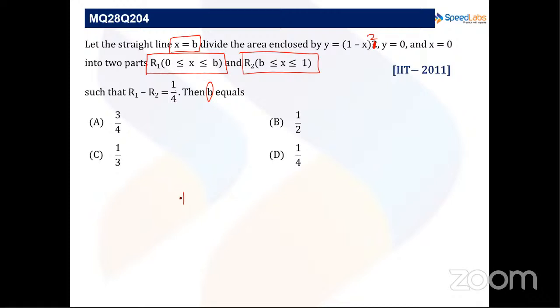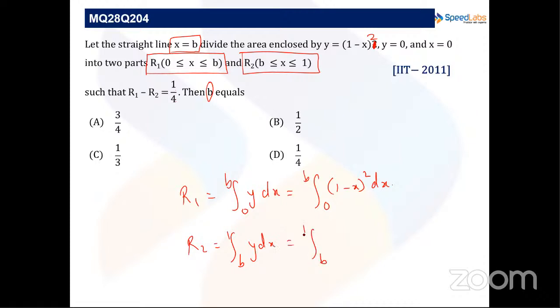So first of all, R1 is the integral from 0 to b of y dx, so it will be the integral from 0 to b of (1 minus x) whole square dx, and R2 is from b to 1 of y dx, so that will be the integral from b to 1 of (1 minus x) whole square dx.